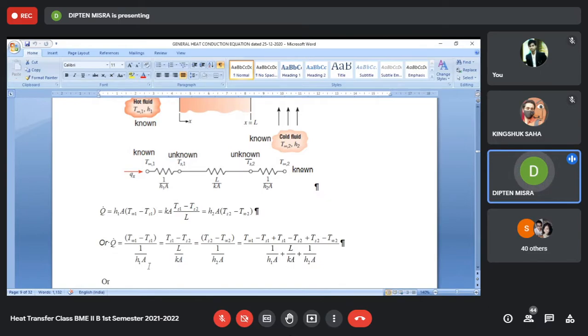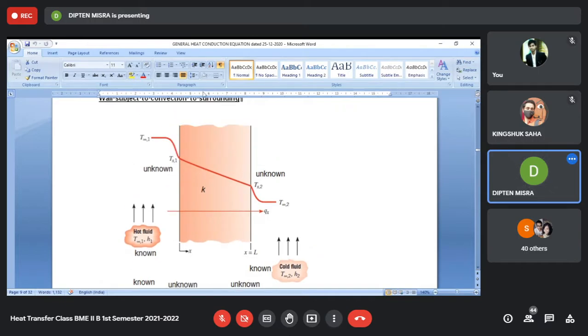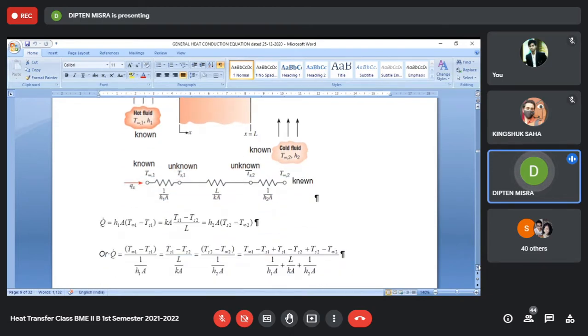And when this resistance is there, there will be a finite temperature drop across a thickness of the fluid. You see there is a temperature drop. Why is there a temperature drop? That is because on the path of heat flow there is a resistance, and that resistance is called the convective resistance.